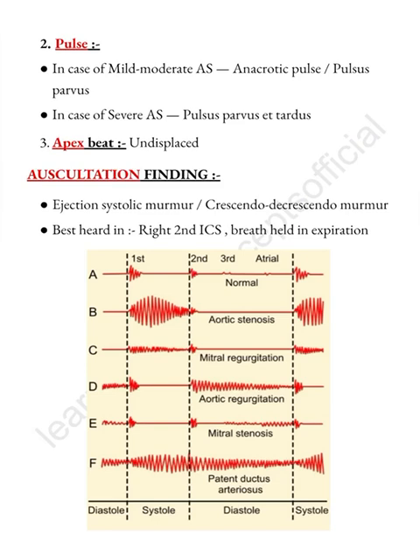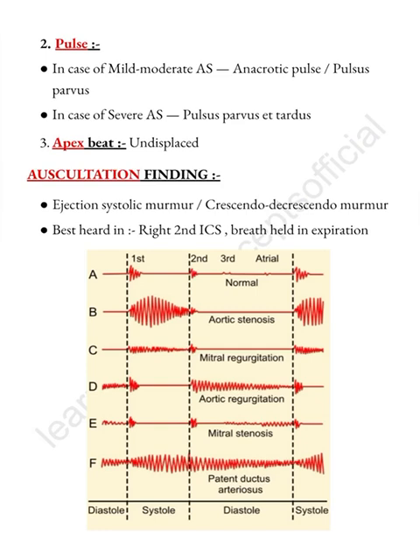But in the slow or delayed ejection, the velocity decreases. Because of the decreased velocity, the turbulence also decreases and the intensity of the murmur also decreases. That's why in an ejection systolic murmur, the intensity does not remain the same. That's why we call it a crescendo-decrescendo murmur.